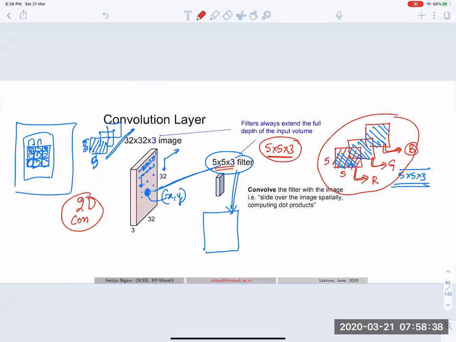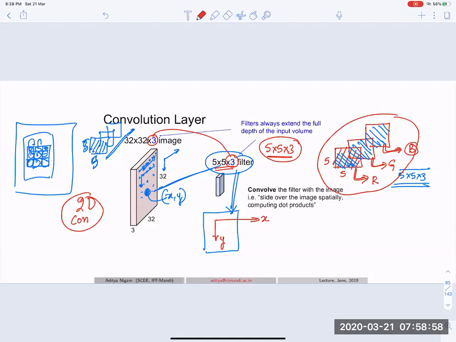Why? Because you can move your filter either in this direction or in this direction, either in X or in Y. You cannot move in the third dimension, that is the 3 here, because this 3 and this 3 are the same.